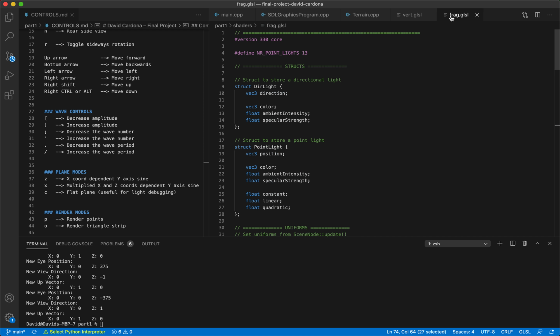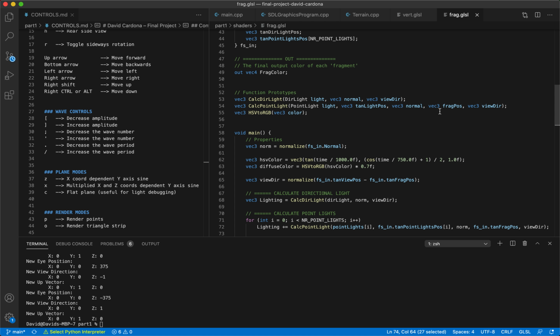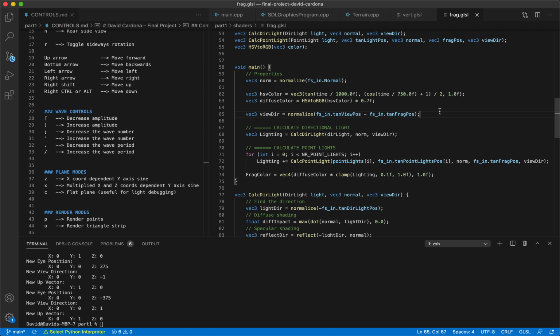All this information is taken in by the fragment shader, and the fragment shader is very similar to what we were using in the multiple lights examples and to what we were using in the normal mapping examples. Only big difference is that I am assigning my colors using HSV, hue saturation value, which takes in 3 parameters. It is another way of representing colors.